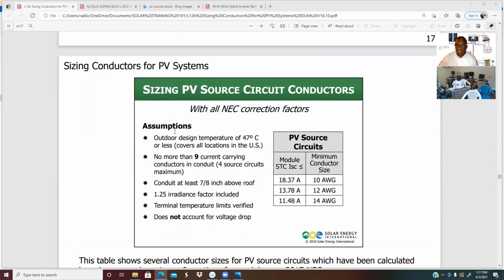So let's move right here. Let's move to chart 17. The assumptions with all NEC correction factors: outdoor design temperature of 47 degrees or less covers all locations in the US. No more than 9 current carrying conductors in conduit. 4 source circuits maximum. Conductor at least 7/8 of an inch above the roof. 1.25 irradiance factor included.